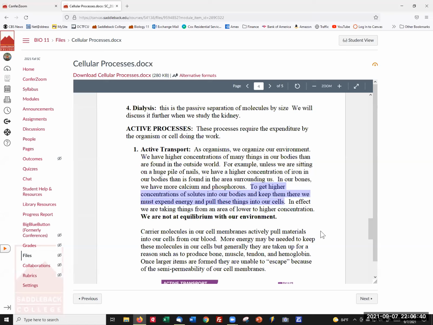They just can't go against the concentration gradient. They can't come into the cell if there's more of something already in the cell. We are taking things from an area of lower concentration to higher concentration, and we are not in equilibrium with our environment.